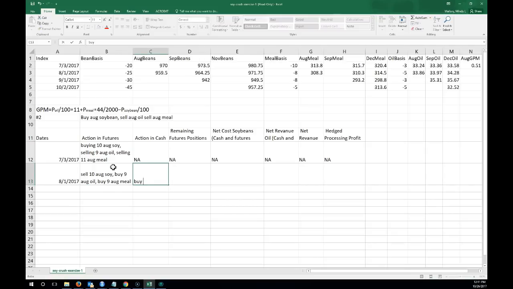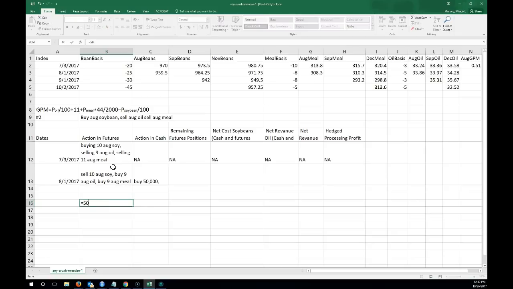Action in the cash market. Well, we're going to buy 10 contracts worth of soybeans. It's going to be 50,000 bushels. And for the oil, sorry, that's not the way to think about it.